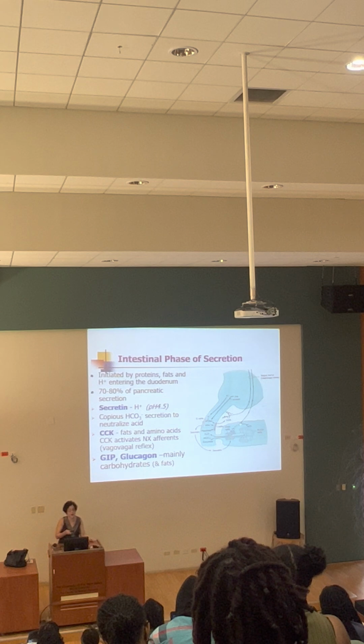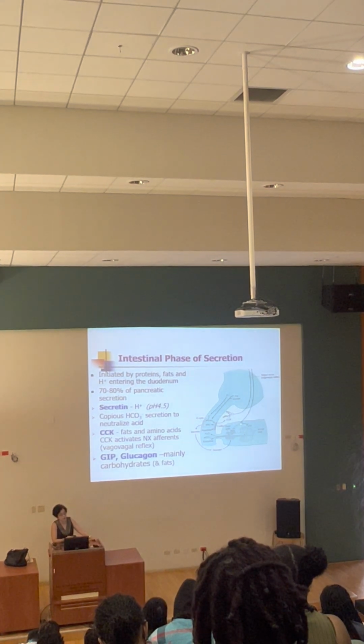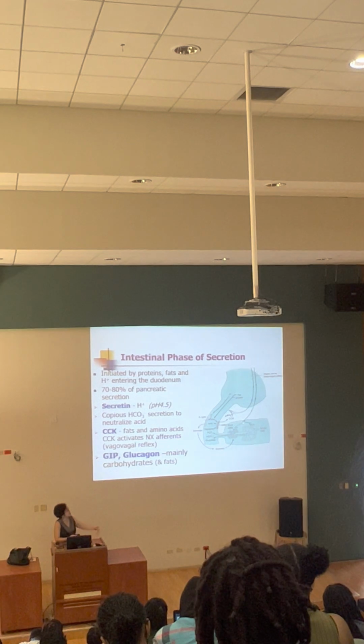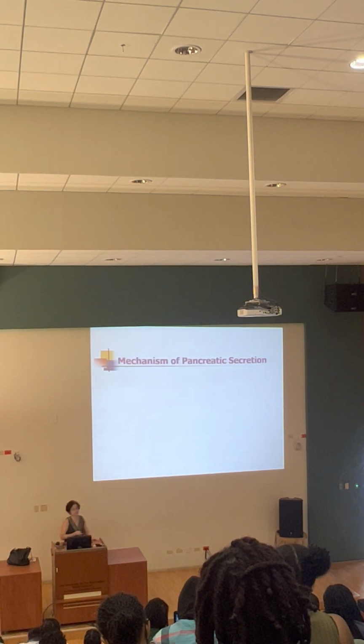Glucagon and these other hormones are also released due to the presence of carbohydrates and to some extent fats, and they are also important, of course, in the release of pancreatic secretions and digestion, and so on and so forth.